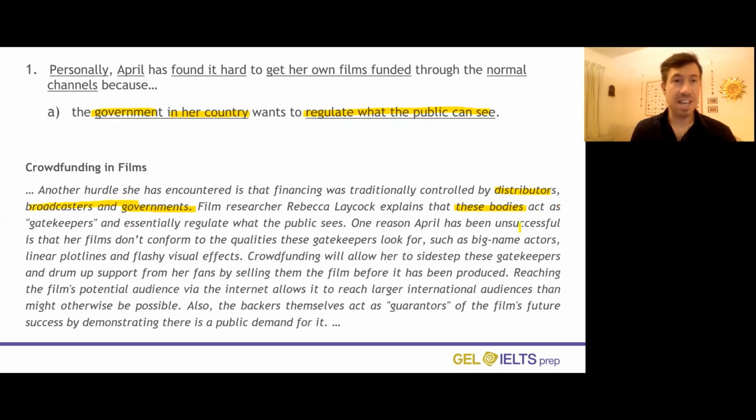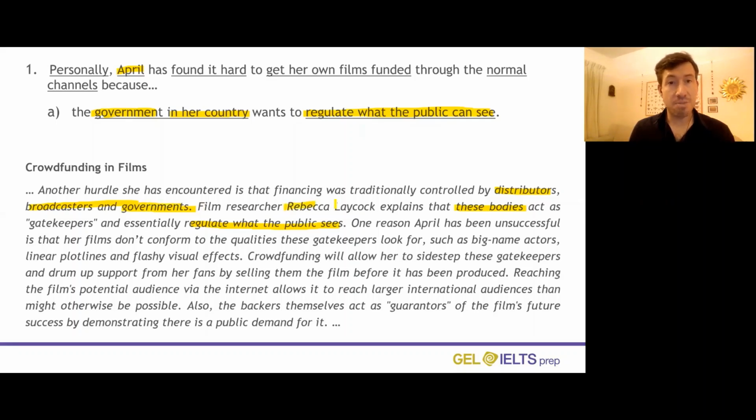That's these bodies act as gatekeepers and essentially regulate what the public sees. So we've got regulate what the public sees. So it's repeated in here. But does it have the same meaning? Well, here it's saying April's government in her country wants to regulate what the public can see. Whereas here, it's just saying governments in general.